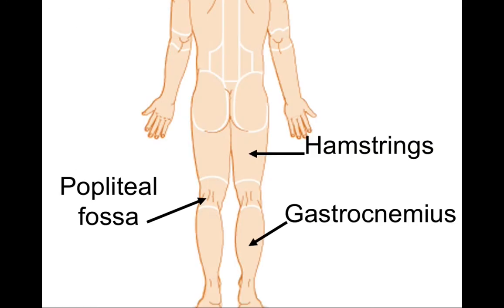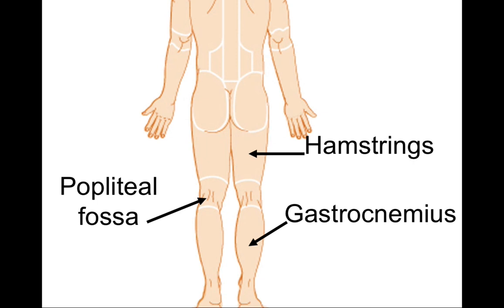So another couple muscles that we learned in Anatomy and Physiology 1 were the hamstring group of muscles and the gastrocnemius muscle. As the gastrocnemius is the most superficial calf muscle, we'll be able to find that muscle over here. And the muscles that make up the hamstrings are the semimembranosus, the semitendinosus, and the biceps femoris. These muscles will be found on the posterior side of the leg.